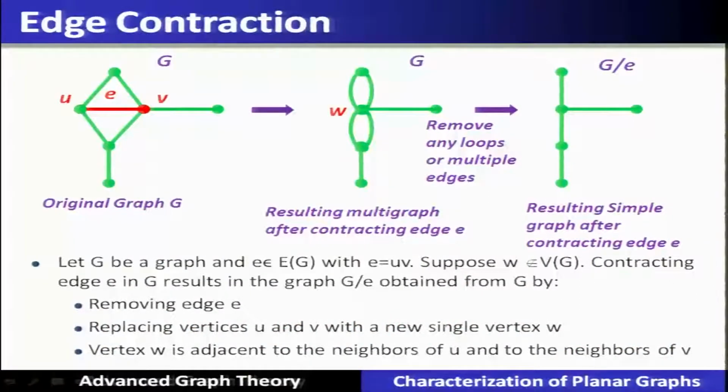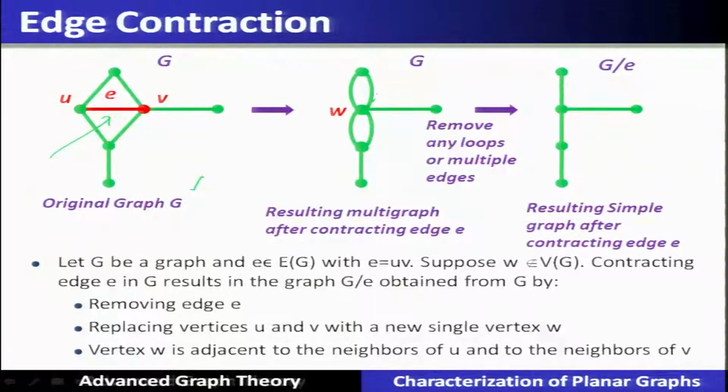Now, let us see another way of characterization of planar graphs by way of edge contraction. Let us revisit the concept of edge contraction, which we have earlier shown in the video lecture. If this is the original graph and we choose an edge E, contraction means we will remove this edge and join the vertices U and V, they will become one vertex.